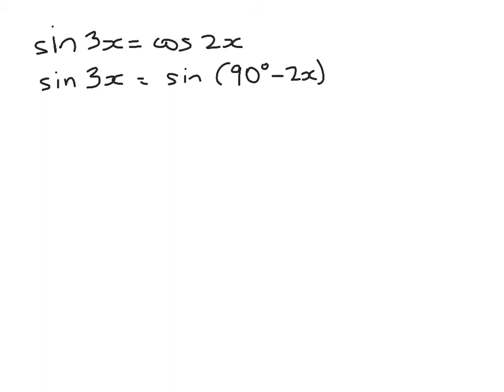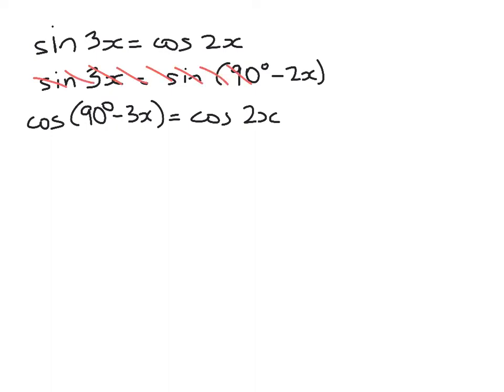Or, doing it the other way around, I could do this: cosine of 90 degrees minus 3x is equal to cosine of 2x. So you can choose which way to proceed. I'm going to use the cosine one just because I have a slight preference for getting you guys practicing general solutions on cosine, because I feel like we always do sine.